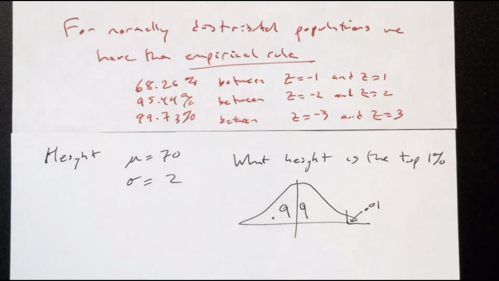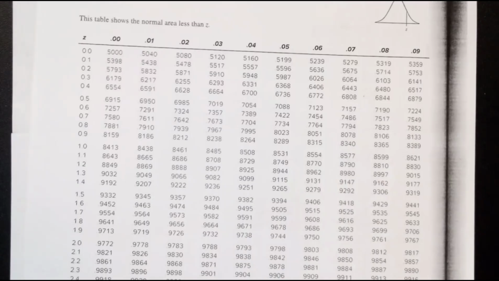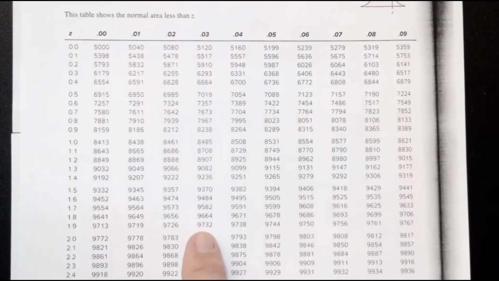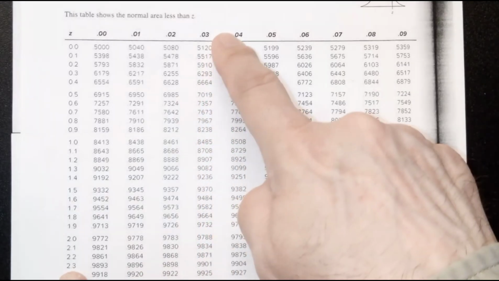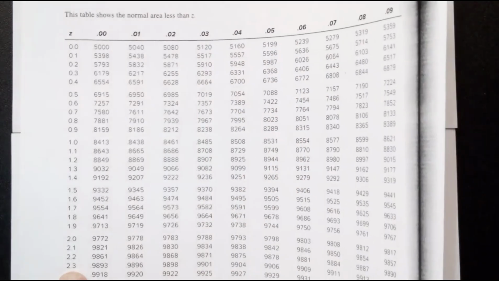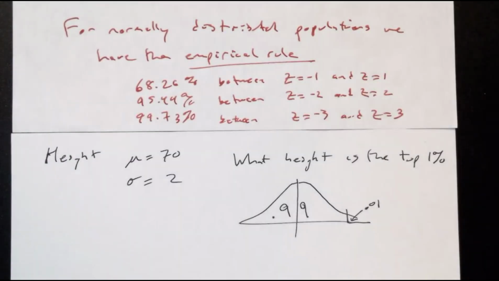Because I'm over here on the right-hand side. So I'm going to look on the positive chart and start looking for bigger and bigger numbers, 0.97, 0.98. Here we go, 0.9901. There's my number. 2.33. So that cutoff line is where Z is 2.33.